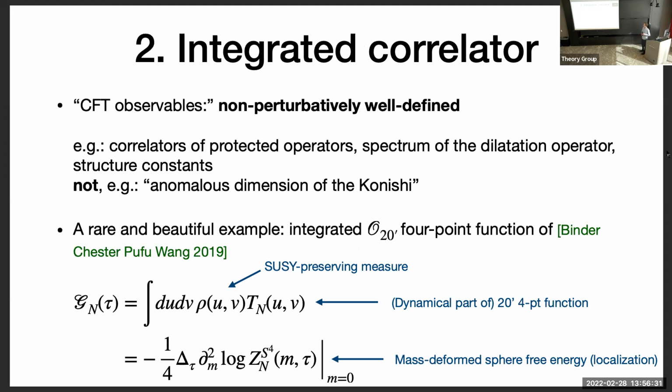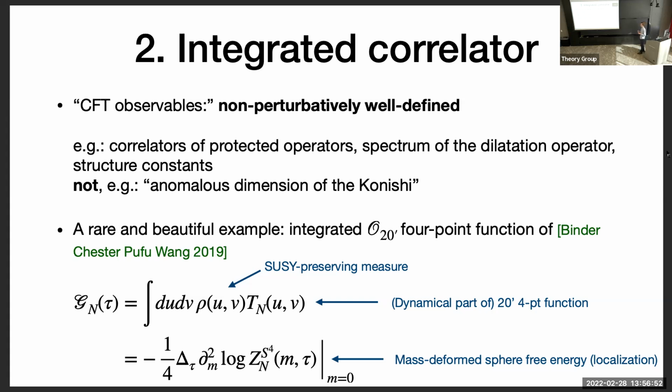Okay, so before proceeding with the more general analysis, let's talk about this benchmark observable, the integrated correlator. I've said this word CFT observables a lot throughout this talk, and I should say what I mean by that. What I have in mind in particular is observables that are non-perturbatively well-defined across the conformal manifold.